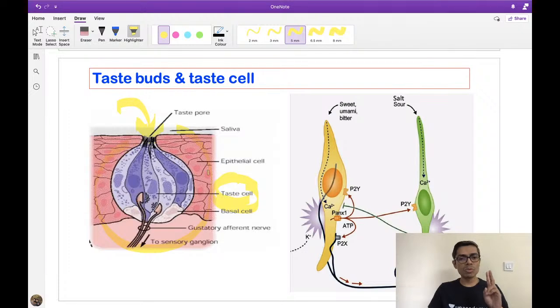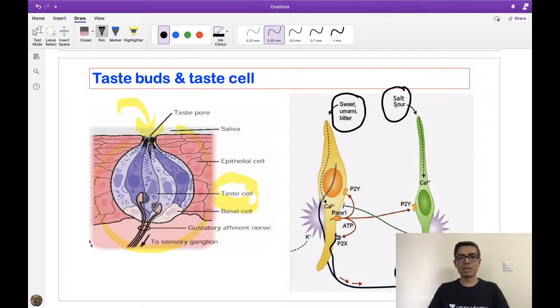There are at least two broad groups of taste cells on your taste bud. One type of cell is responsible for detection of sweet, umami and bitter taste, and the other type of cell is responsible for detection of salt and sour.